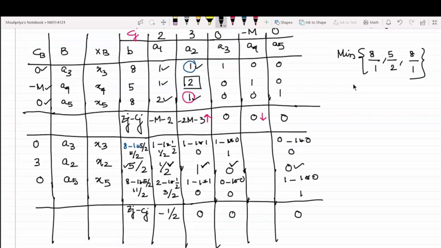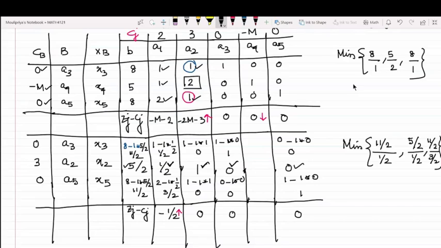Yeah, exactly. So this being the most negative, A1 would be the entering vector and the departing vector would be chosen on the basis of the minimum among the ratios 11/2 divided by half, comma, 5/2 divided by half, comma, 11/2 divided by 3/2.